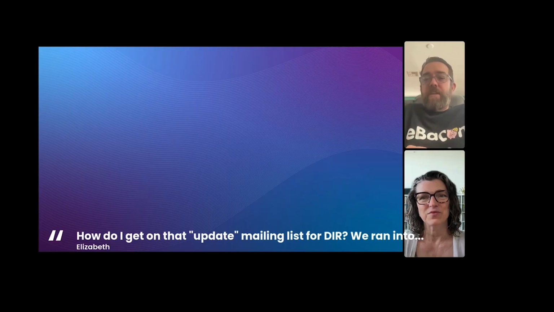That is unfortunately still at your discretion to go on to the DIR's website and look at it, find out if it's a double asterisk determination, and then as you see when it's coming due, you're going to want to make sure you get those rates. The update mailing list I was talking about is more for the eCPR platform, where as they are doing changes and updates to it, they're sending out mailings to all of the users. But again, for those scheduled increases, realistically, that is on you.